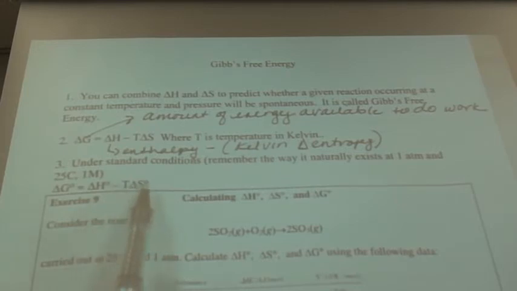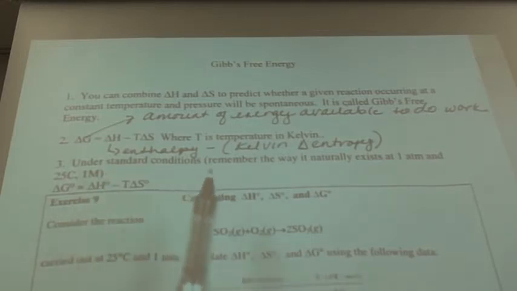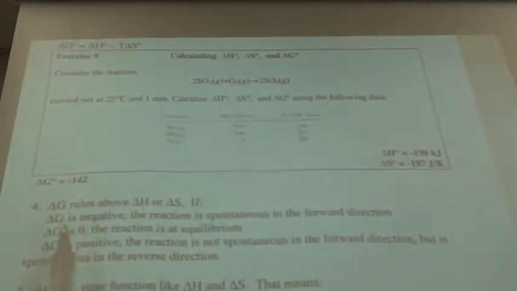We add that naught sign. Remember, that's 1 atm, 25 degrees C, and 1 molar. So far, so good. Now, why don't you skip down here for a second.